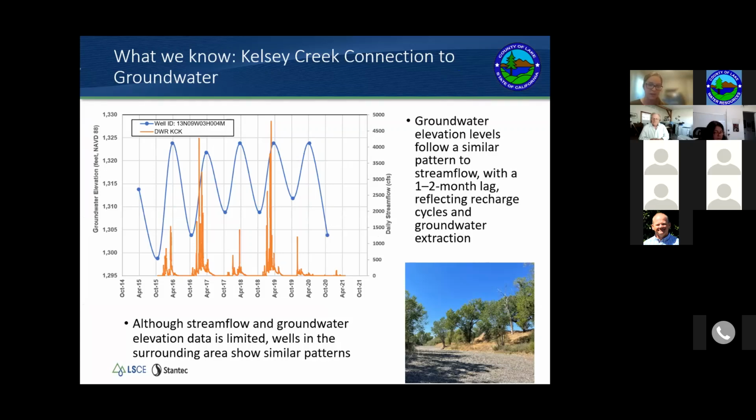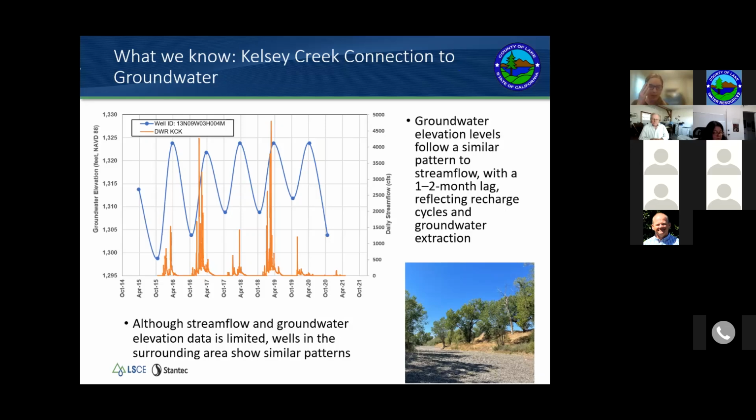But you can see that the groundwater elevations follow a similar pattern to the stream. When the stream flow is really high, there's a 1 to 2 month lag, and then you see a rise in the elevation of the well.